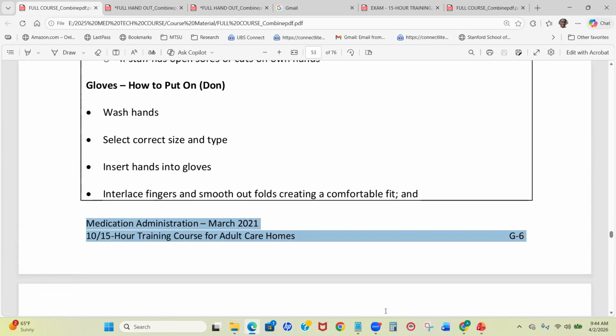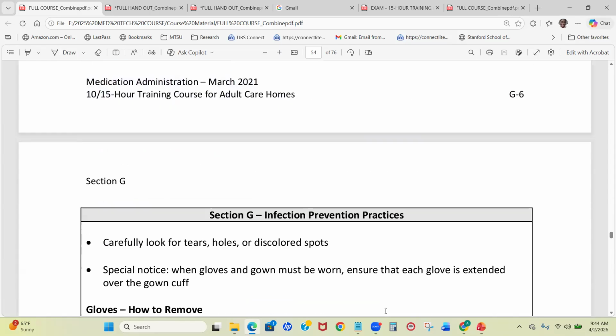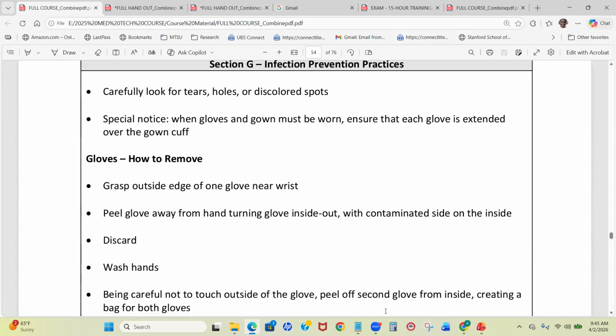One of the number one skills that everybody is going to do is how to put on gloves and how to take off gloves, donning and doffing. That one is not part of the main skill list, but we will do all that. I think those who took the PCA classes have already gone through that.